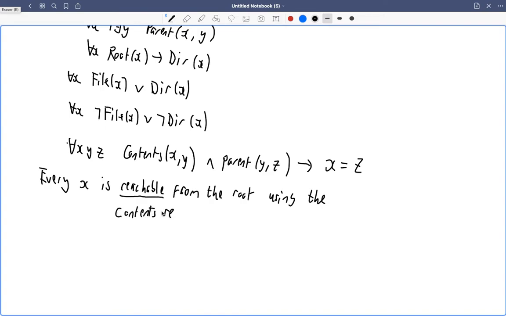Reachable here means by applying the contents relation some number of times, possibly 0.